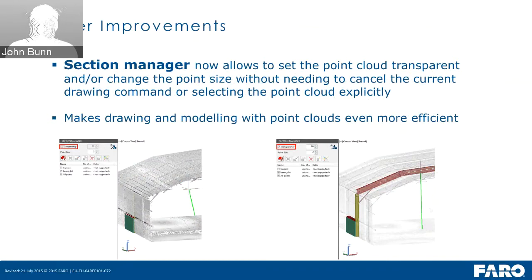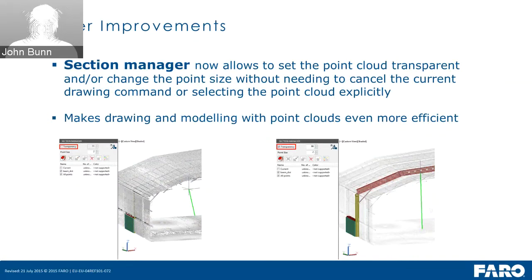Transparency is one of the greatest options for being able to see your work without having to completely turn off the point cloud. In the past, users had to really uncheck all of their visible sections to turn them off just to see the work that they were doing. And in this case, now all you have to do is set the transparency, and it'll stay at that transparency value even when you uncheck it.